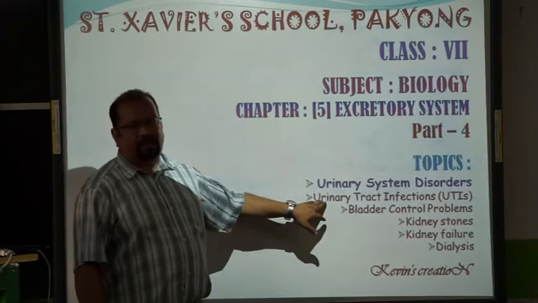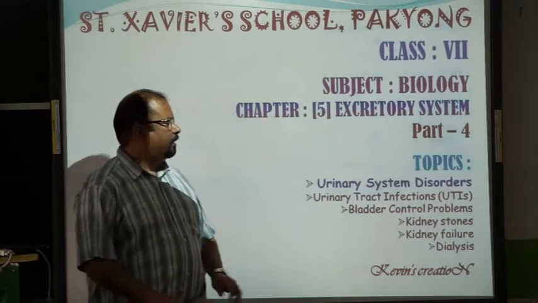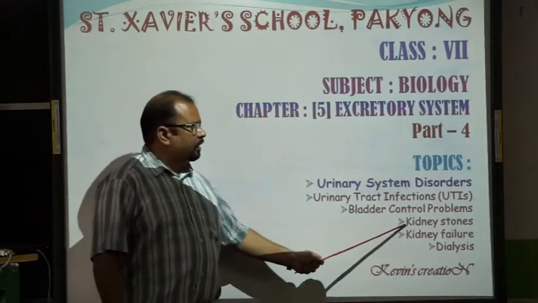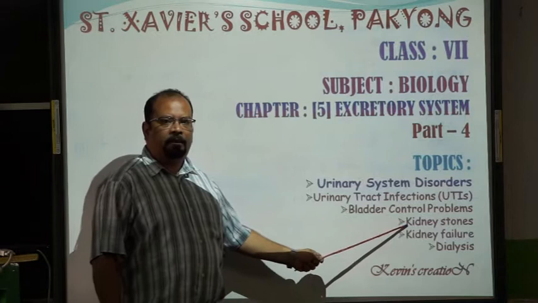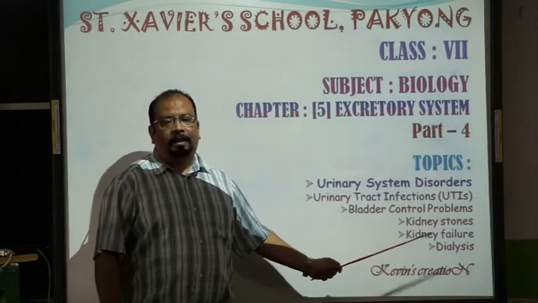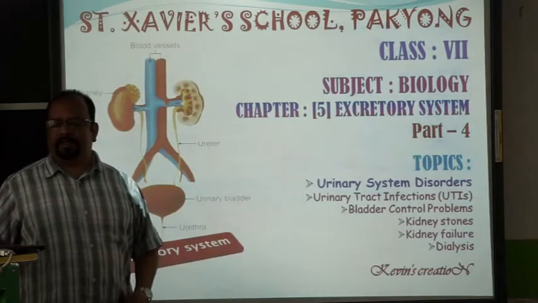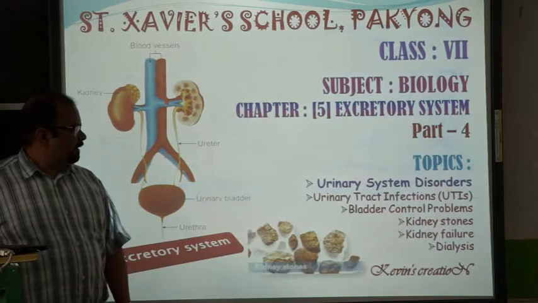Urinary tract infections, also known as UTIs, you must be knowing about this. Bladder control problems, kidney stones, very common here in the hills, kidney failures and dialysis. Okay, so this is your excretory system.